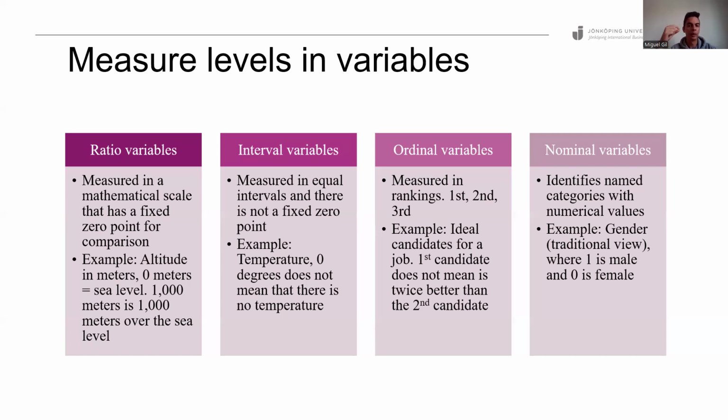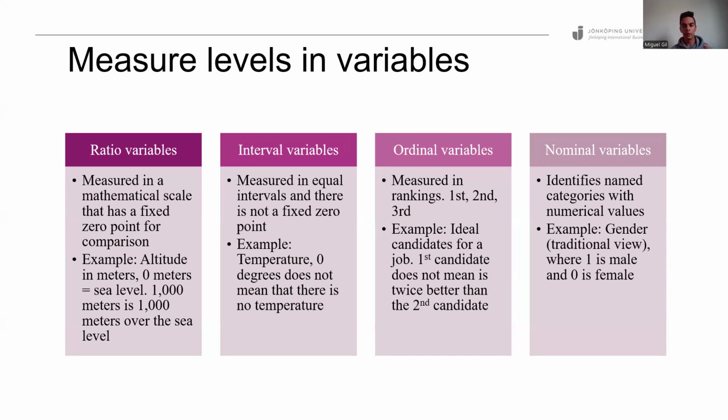The next ones we call ordinal variables, also rank variables. These ordinal variables only show which comes first or is higher than the other. For example, in a race, the first place, second place, and third place don't mean that the distance between second and third is the same. It could be that first came like this, second very close, and third very far.